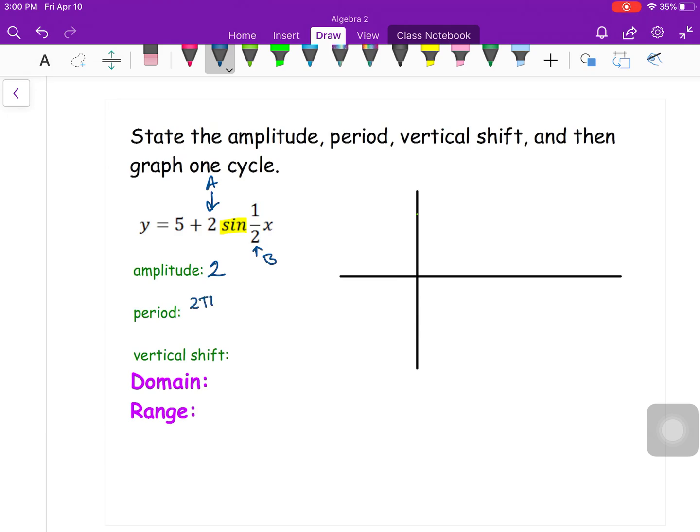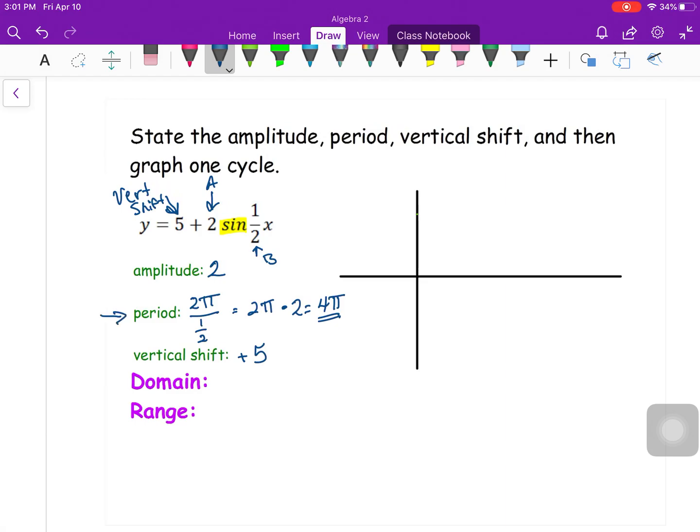Our period for sine is 2 pi, so I must factor out that b, divided by a half. 2 pi divided by a half means 2 pi times the reciprocal of a half, which is 2, gives me 4 pi for my period. So this other number must be the vertical shift. So my vertical shift is up 5.